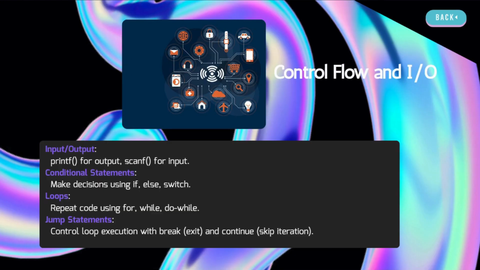For control, we used if, else, and switch statements to branch code based on conditions. We relied on loops like for loop, while loop, and do while loop to repeat operations. And jump statements, which are break and continue, help us fine tune our loop behavior. These constructs are universal in programming, and mastering them sets a strong base.